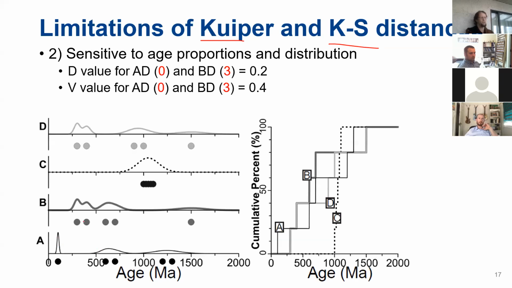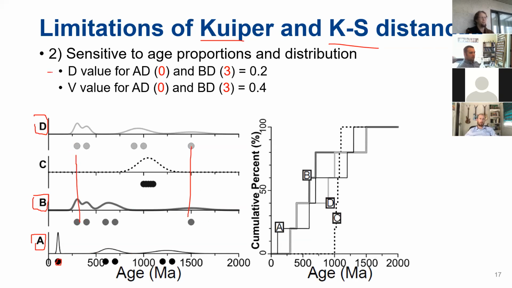And what I want to draw your attention to is that between A and D, these share, in this case, no age mode. So we've got the ages shown down here in the circles, and there's basically no overlap between A and D. In the case of B and D, these actually overlap. There are 3 ages that overlap.